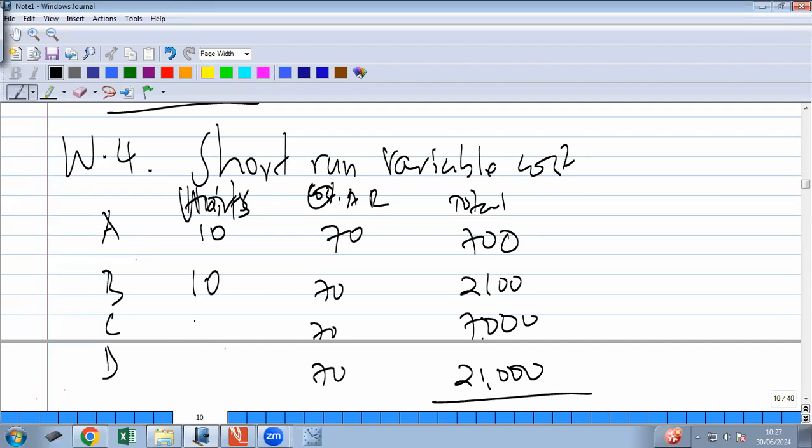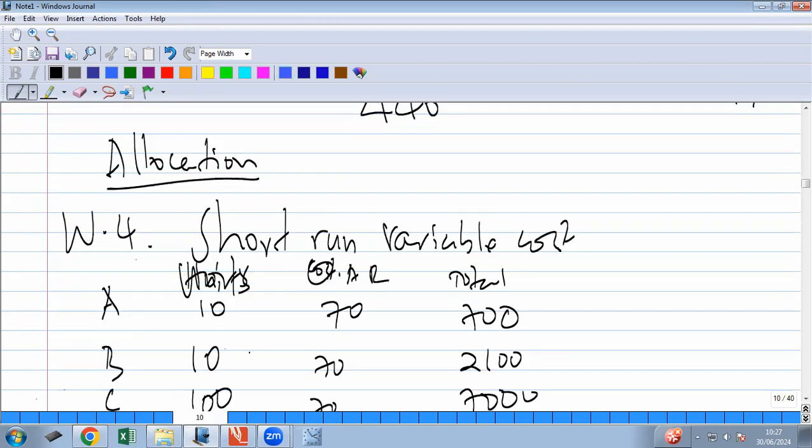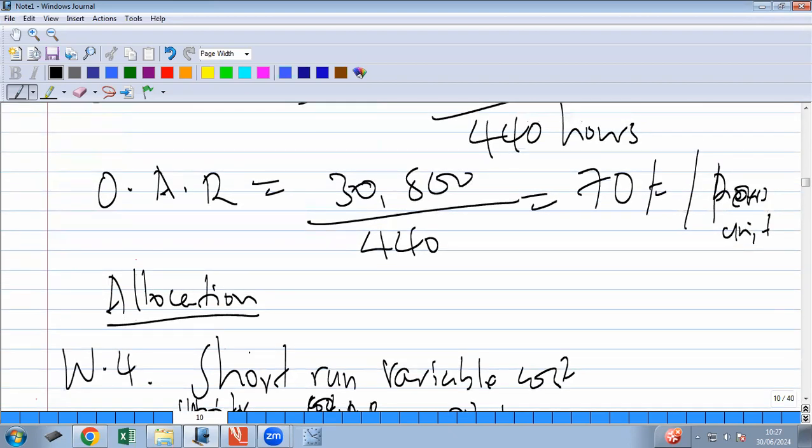And for C, 100, right? For the overhead absorption rate, use the phone or the calculator to compute. Okay, so we have the total, which is 3,800 divided by 440, which is 70, correct?